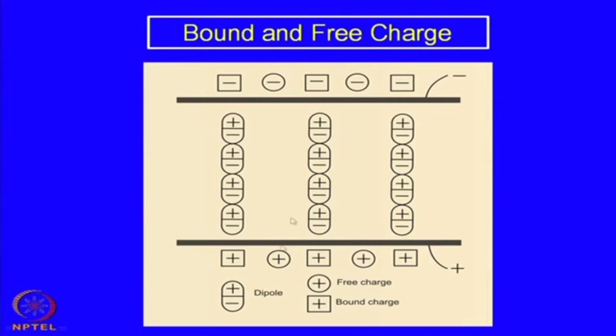This can be shown here: bound and free charges. These are two parallel plates, the electrodes, which are conductors, one at the top and one at the bottom, and we are applying a negative potential on the top and a positive potential on the bottom electrode.